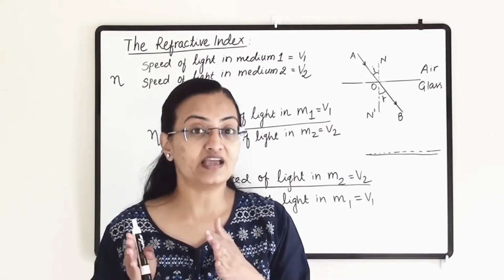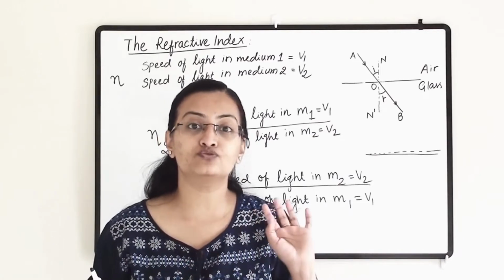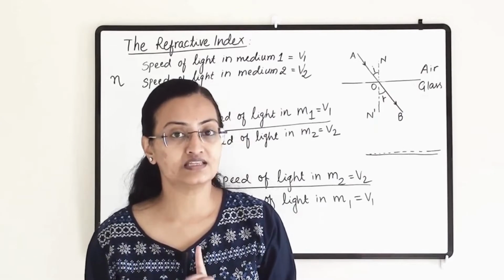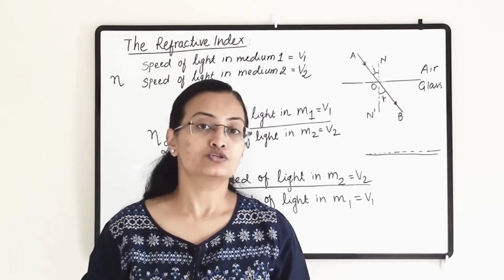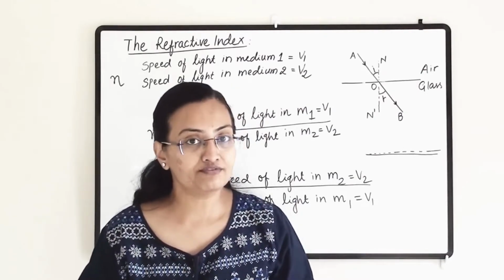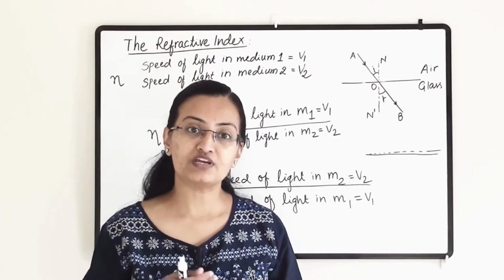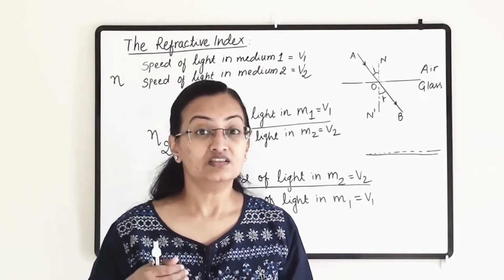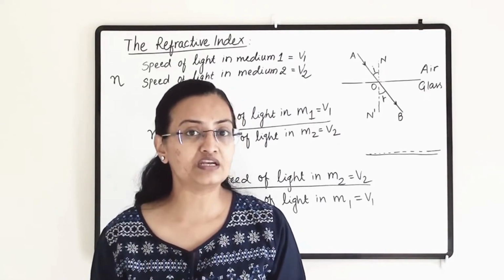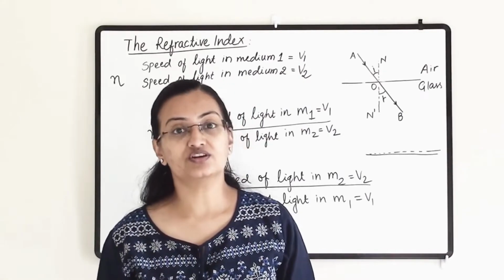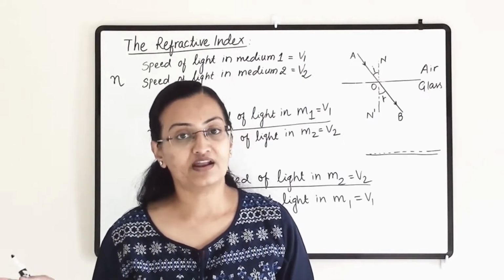When we are checking any other medium with respect to only air, that refractive index is known as absolute refractive index. So in our syllabus, whatever refractive index we are studying is absolute refractive index, because we always calculate the refractive index of any medium with respect to air. So all absolute refractive indices are in general known simply as refractive index.